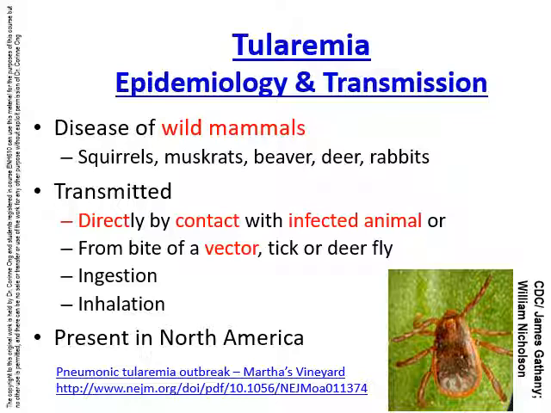Very, very interesting because the outbreak involved several individuals that had been mowing their lawn, and the exposure was through dust and also aerosols that were generated from these individuals mowing over dead animals, dead rodents, and they had no idea actually that they were exposed till they started getting this disease.